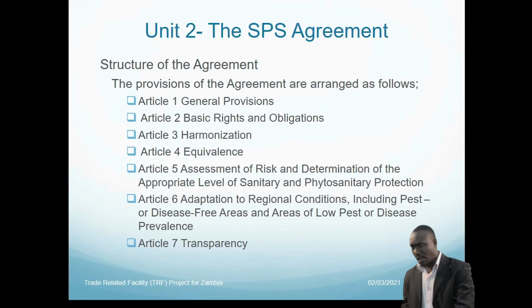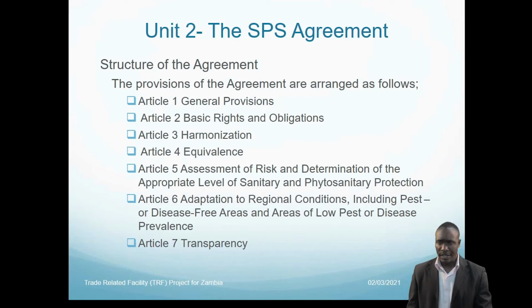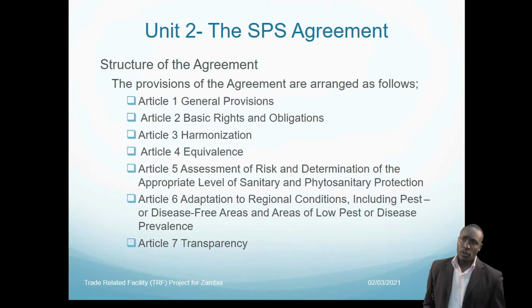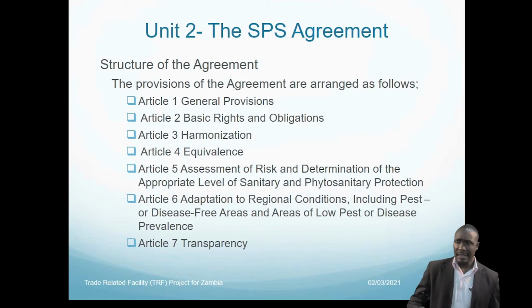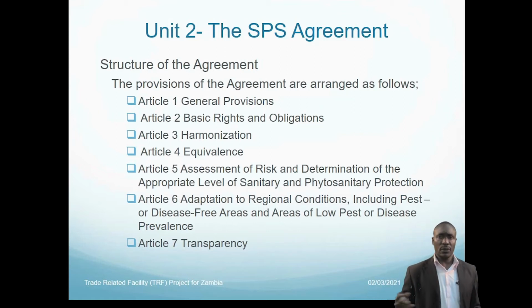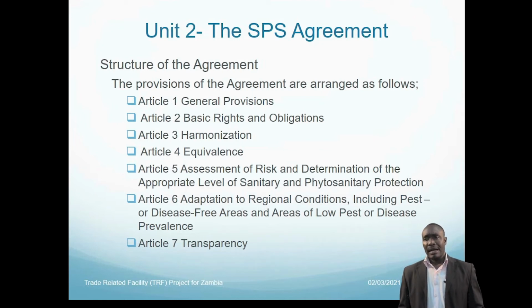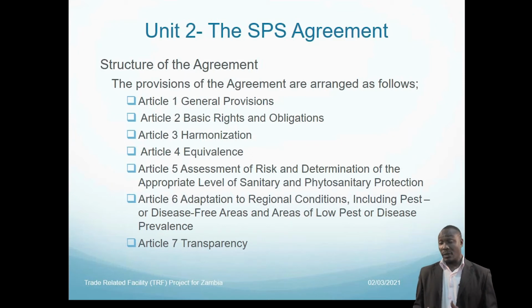Yes, you can double check on what your friend has done, but you do not necessarily have to double the work. What that means is that if, for example, country A and country B are not using the international standard, country B, which is exporting to country A, has to ensure that they document the processes that have been followed in order to arrive at the level of protection that is acceptable, for example, to themselves.